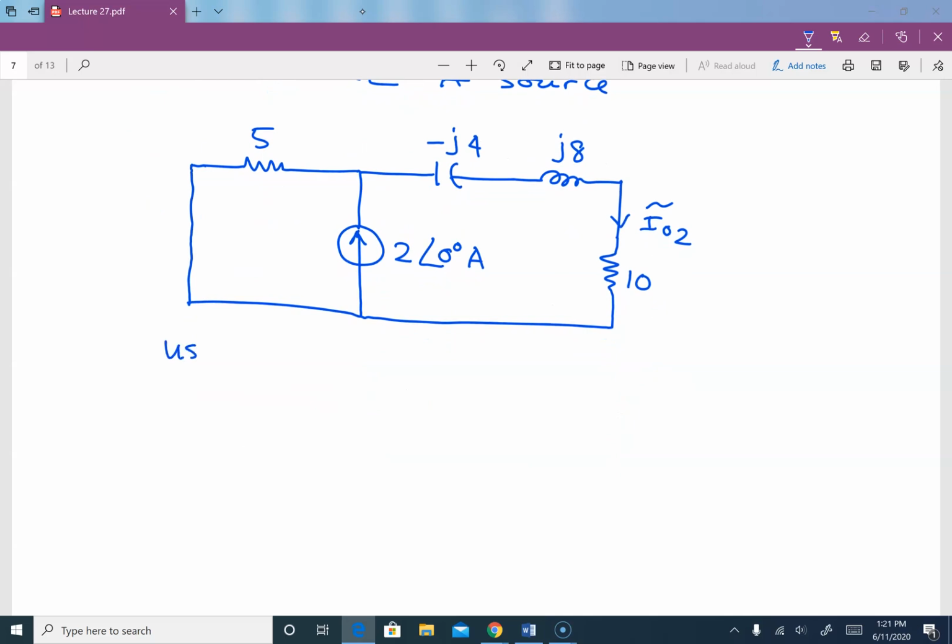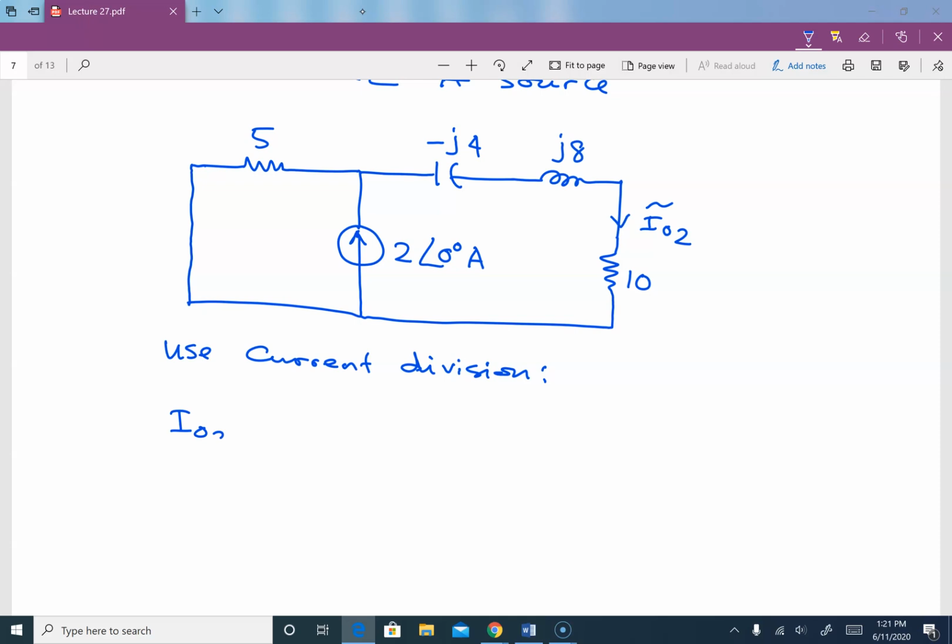So now we can use current division. Anyways, you can use whatever analysis technique you like. You can go with loop analysis, you can go with nodal analysis, as long as you get the current I naught 2. In my case here, I am using current division.